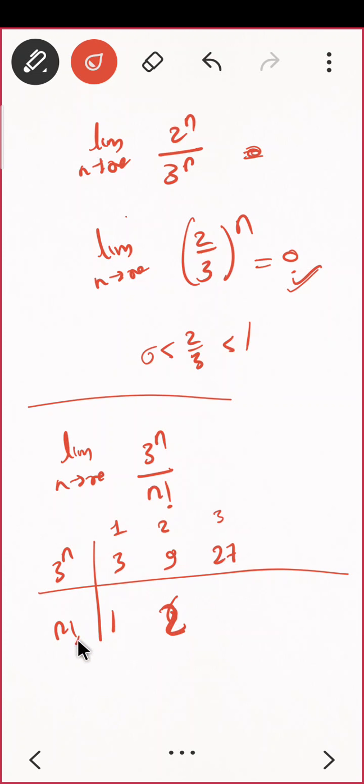And what about this? 6. What about this? 81. And here 24. So which one is going faster to infinity? Now think about it twice.